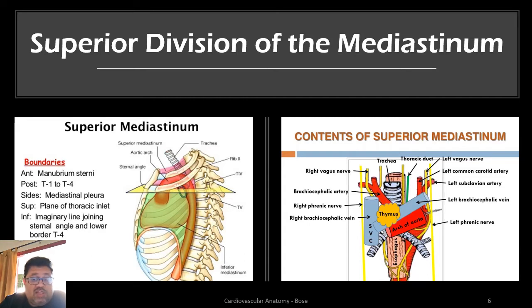You have the left subclavian artery with its branches, the brachiocephalic artery, then the right phrenic nerve and the left phrenic nerve, and the right brachiocephalic and the left brachiocephalic veins, along with the thymus in the front, which is an organ of the immune system, and then you have the arch of the aorta and the presence of the esophagus in the back. So these are the contents of the superior mediastinum.